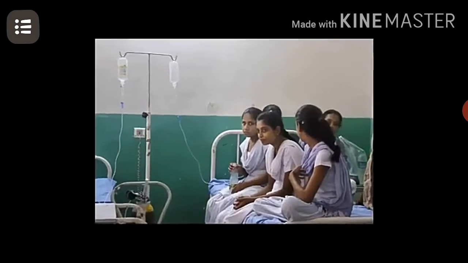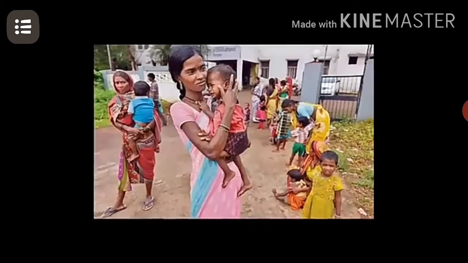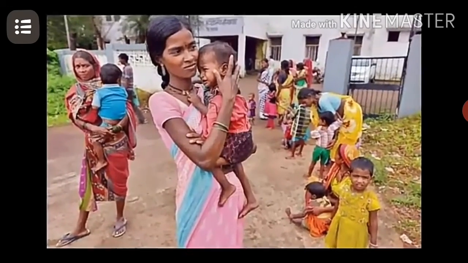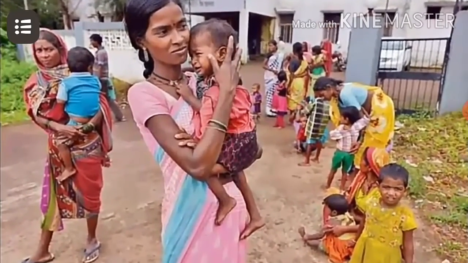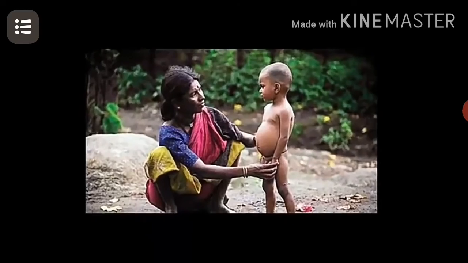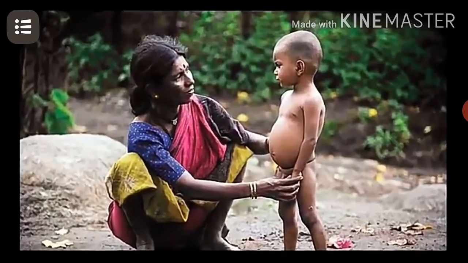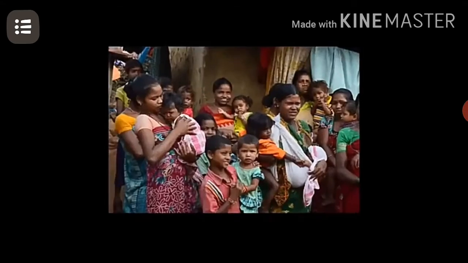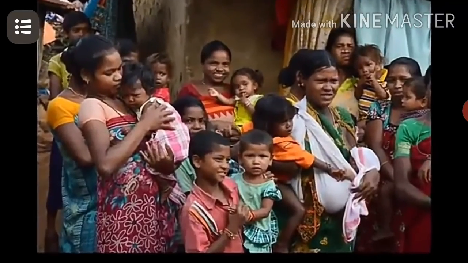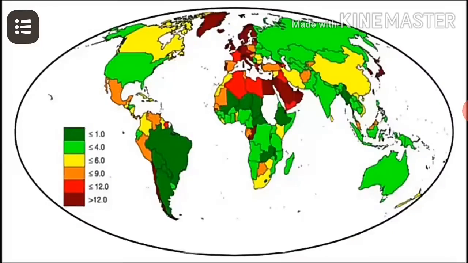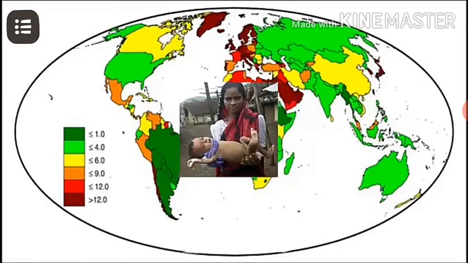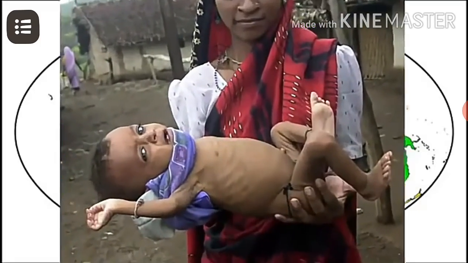More than half of the women in the reproductive age group in both rural and urban India were anemic in 2015 to 2016. In India, in 2015 to 2016, about 20% of the children in rural and urban India are estimated to be underweight. The level of child undernutrition remains unacceptable throughout the world.